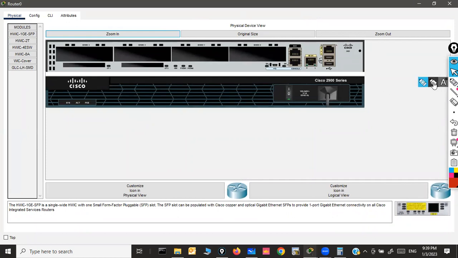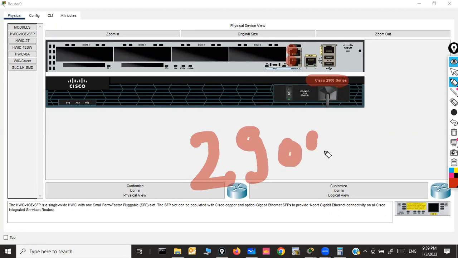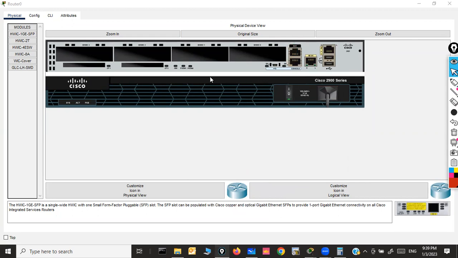There are different ports and slots here in this simulation. We put some cards here also if required. You can see there are different ports, an on/off switch, and here there is a specific model. This one is a Cisco 2900 series. So different models, different configurations. So it's about the look, in fact.